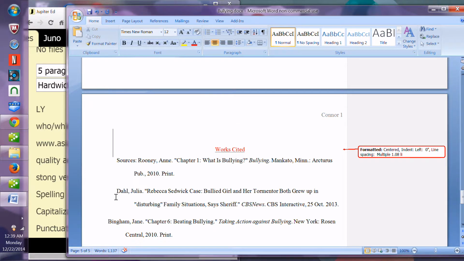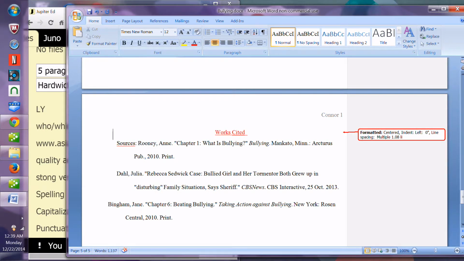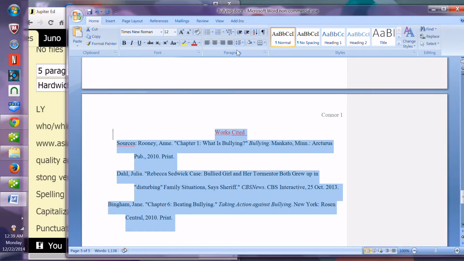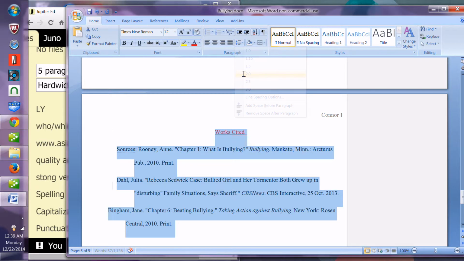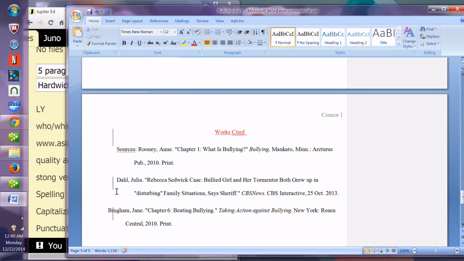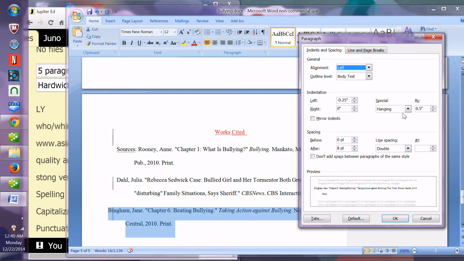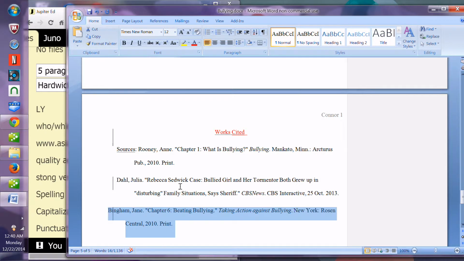You have a nice job here where you've had these hanging indents. I'm not sure why that doesn't line up. Let's make sure that's all double spaced. I'm not sure why you've got it listed as a hanging indent.